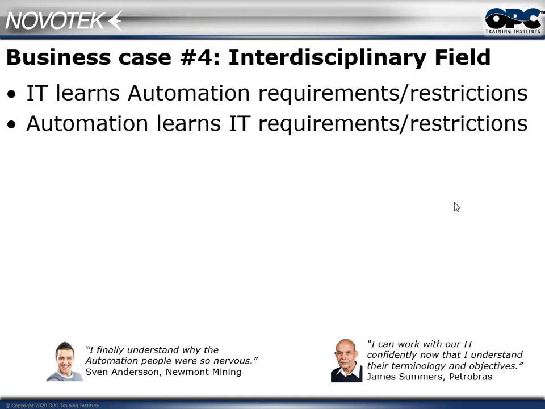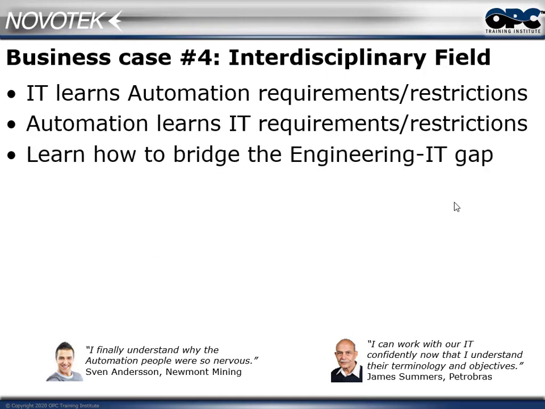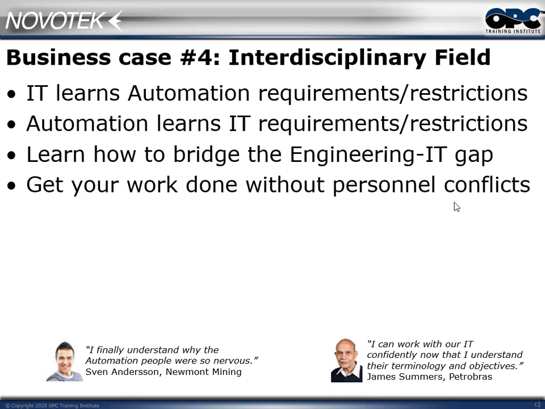IT very, very often complains that automation just wants communication and they leave everything open. Whereas automation typically complains that IT just wants to close everything for them and not allow communication. So the finger pointing game starts, and there's a gap between automation, between engineering and IT. So the result of what we talk about bridges it. It closes that gap.